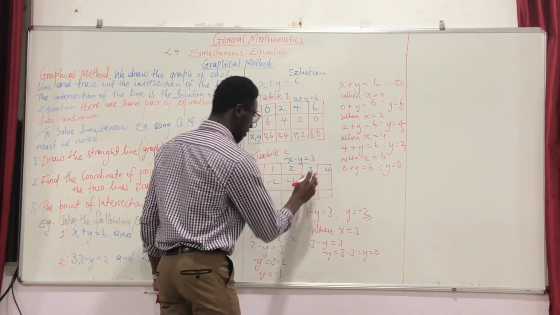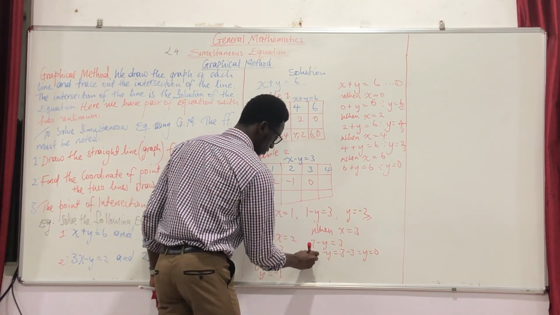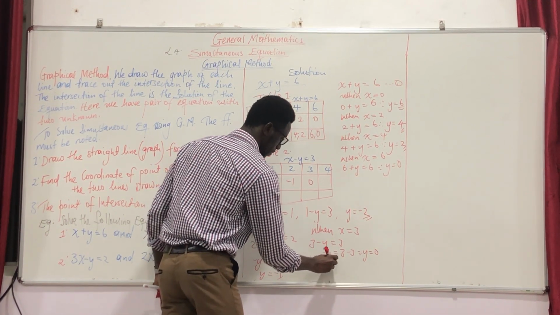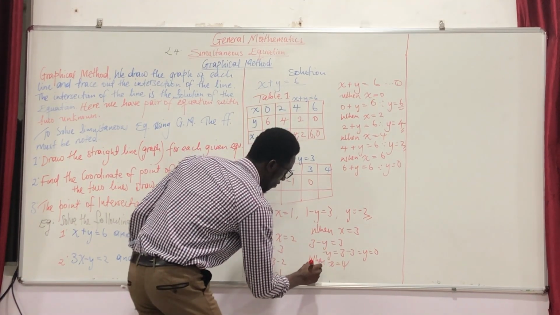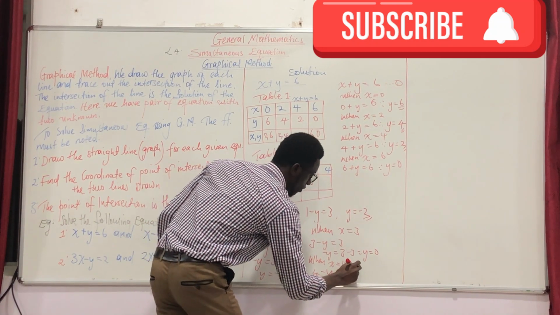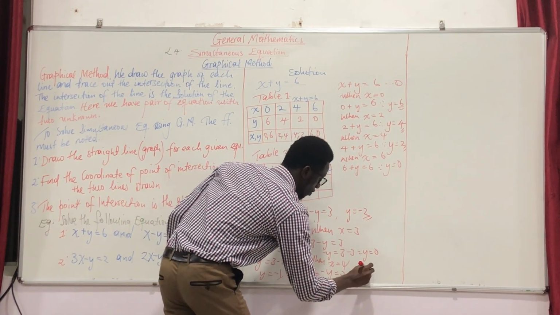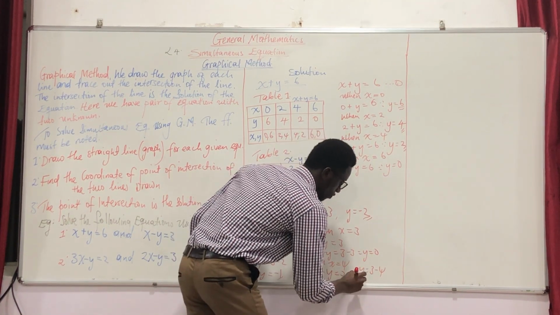When x equals 4, we say 4 minus y equals 3. So minus y equals 3 minus 4, which is minus 1.